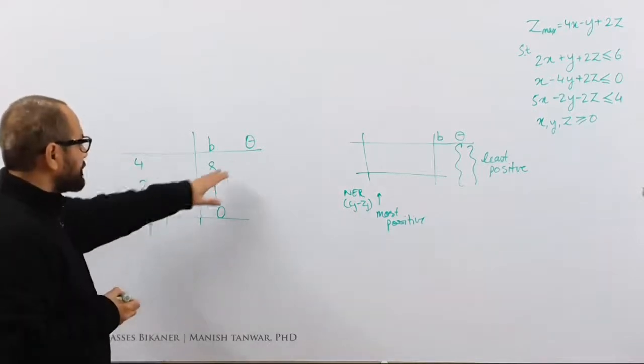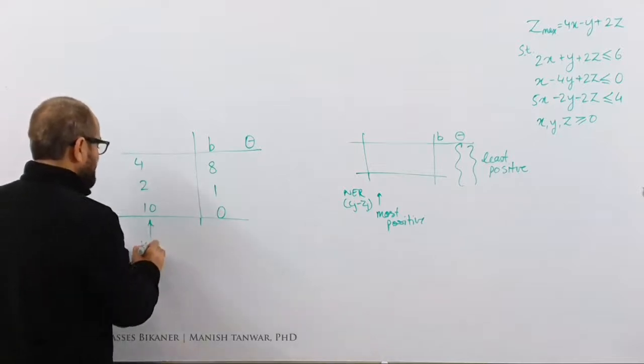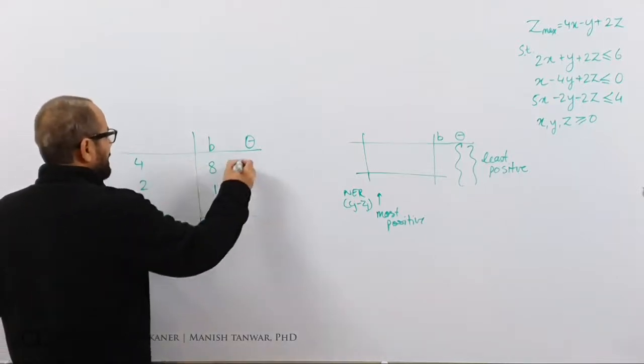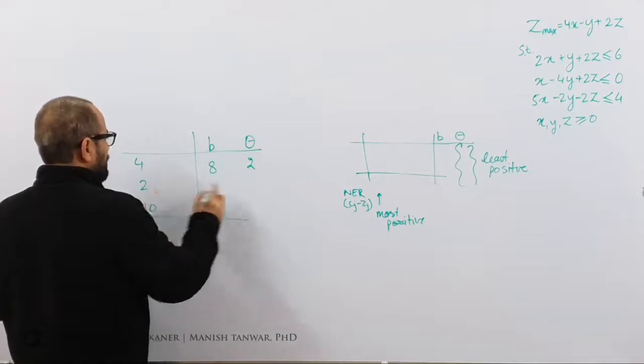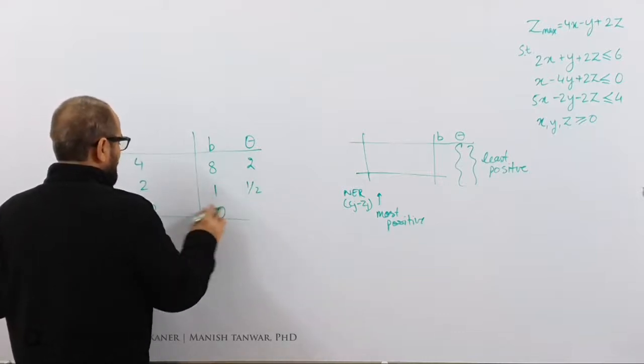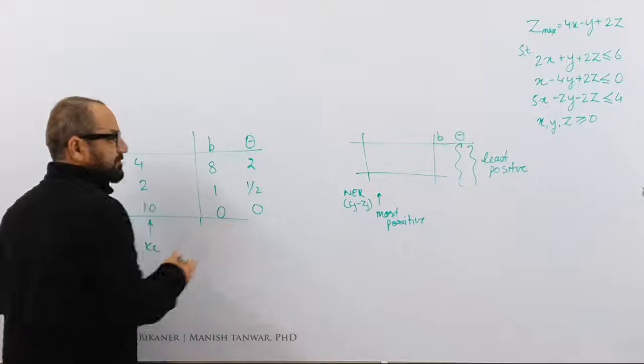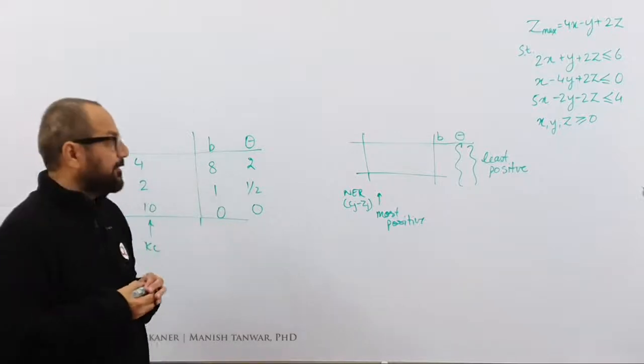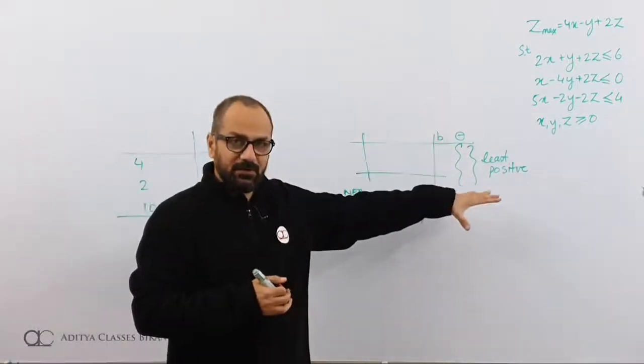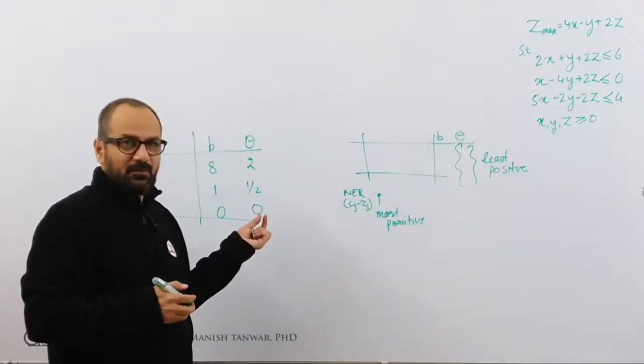Now if we have this kind of situation, theta would be, this is the key column, let us assume. So theta would be 8 divided by 4, that is 2, 1 divided by 2, that is half, and 0 divided by 10, which will be 0. Now technically, if we were taking the least value, then this 0 would have been my value.